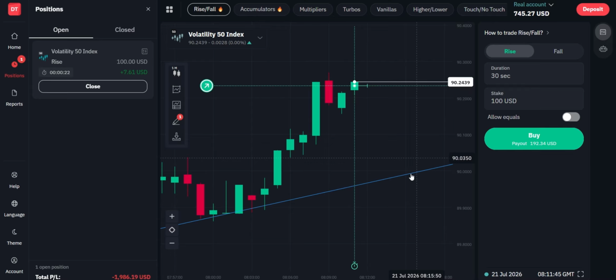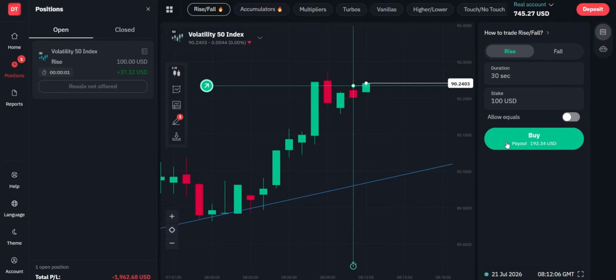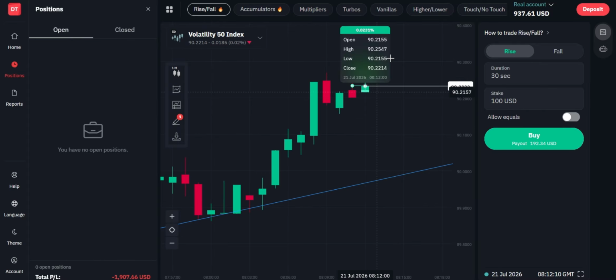You can even trade with seconds as well, like 20 seconds, 30 seconds, and minutes, hours. I'm expecting that for the next 30 seconds, this market closes above my entry point. Let's see. Yes. Okay, so I win this trade because of my luck.